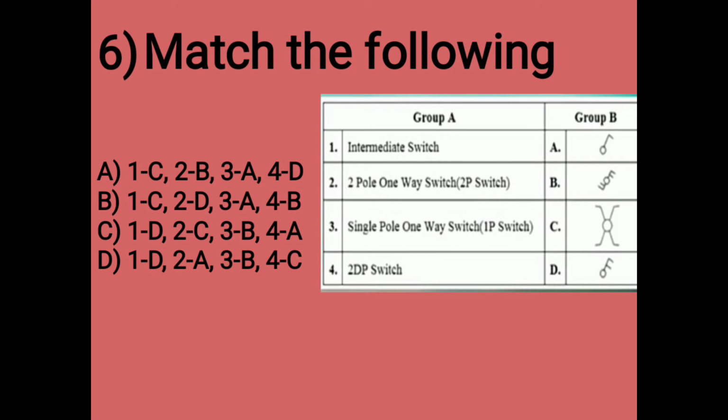Then the correct answer is option B. 1C, intermediate switch, this is the symbol of intermediate switch. Then 2D, two pole one way switch, this is the symbol of two pole one way switch. 3 is A, single pole one way switch, this is its symbol.